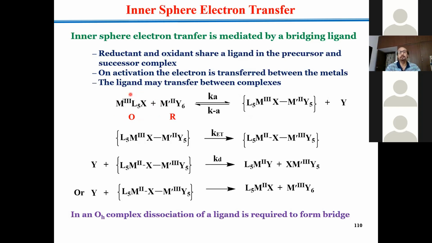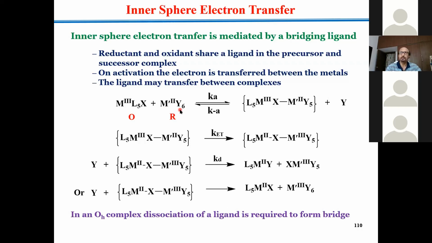You look at, this is the oxidant and this is the reductant. Now, deliberately, when you choose this example, one X group is attached, and both are octahedrally surrounded, right? In both the cases, one is M, another is M prime. The metal is surrounded octahedrally, all are monodentate ligands.